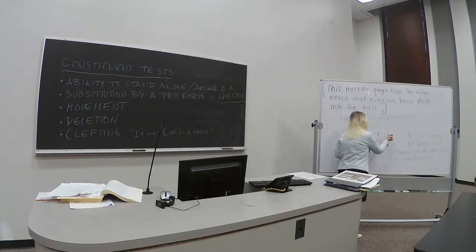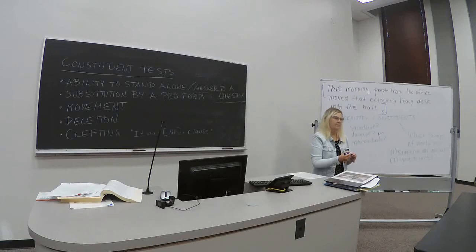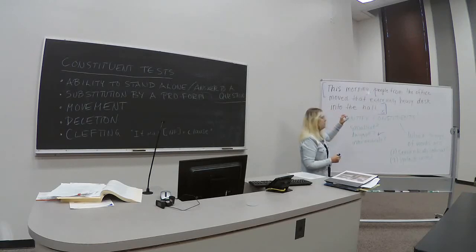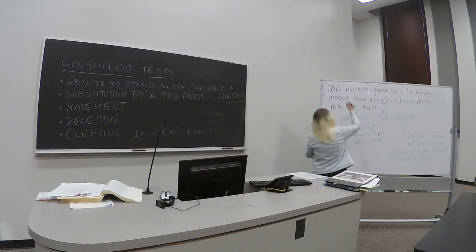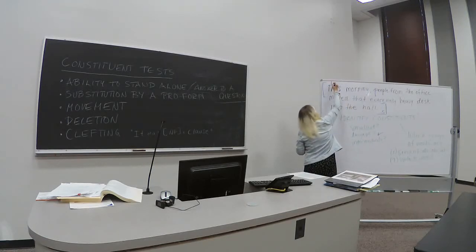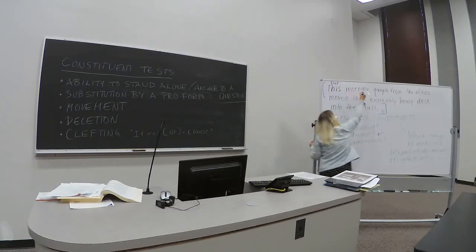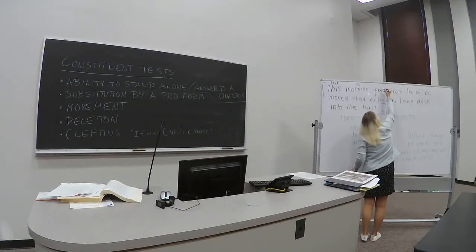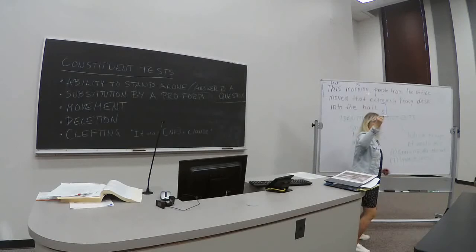And what are the smallest constituents then? The individual words, yes. So let's just really quickly label these individual words and then we'll look at the intermediate constituents. So this is what? Morning. People. Yeah.